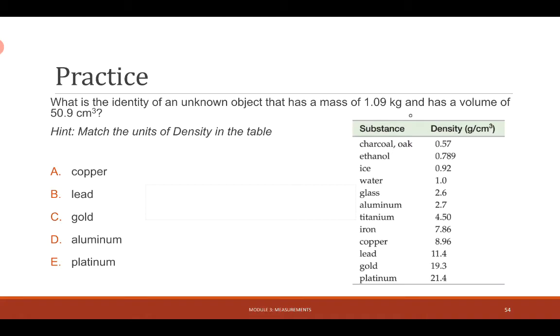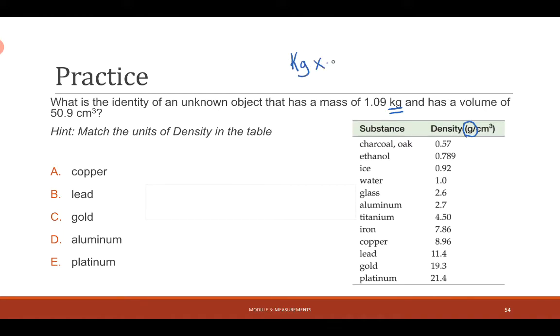Okay, hopefully you're unpausing the video in order to see if you were correct. If we look at the units here, the units are grams per centimeter cubed. And so we need to make our units match grams per centimeter cubed. But this unit is in kilograms, and so I have to remove the kilo prefix.